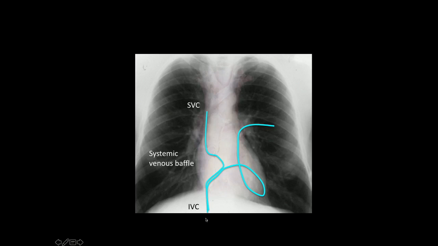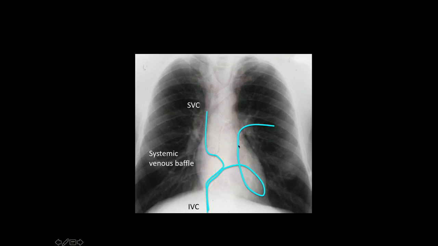And then the other thing they show you is getting out to the pulmonary artery. So if you have d-transposition post-Mustard and you want to cath that person and go out to the pulmonary artery, show me your course. You're going to go IVC to systemic venous baffle, right? And then what valve do you cross? The mitral valve to go to the LV, right, which is the pulmonary ventricle.